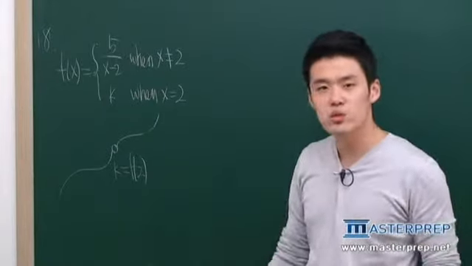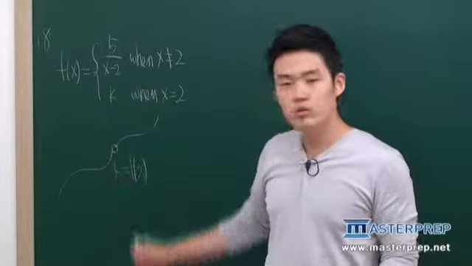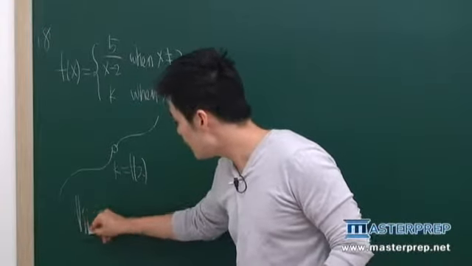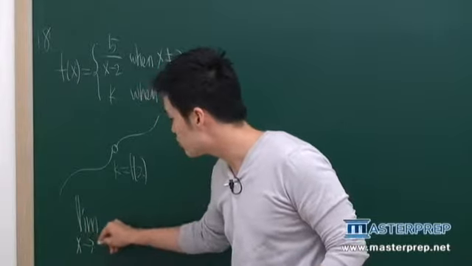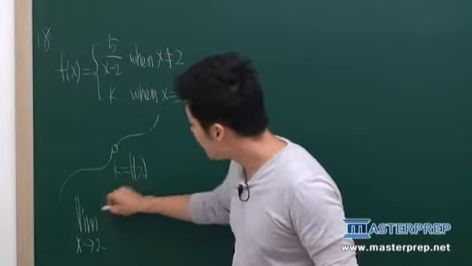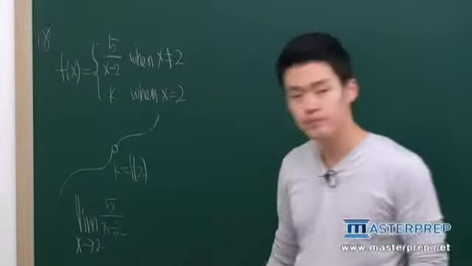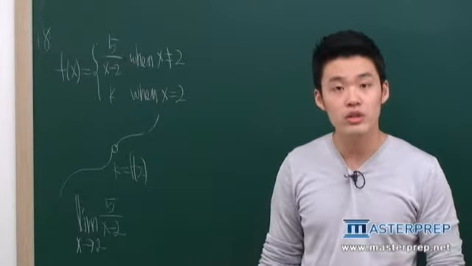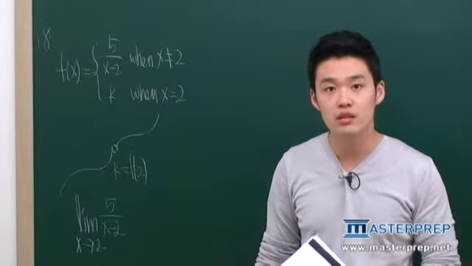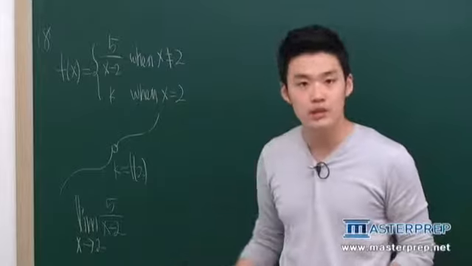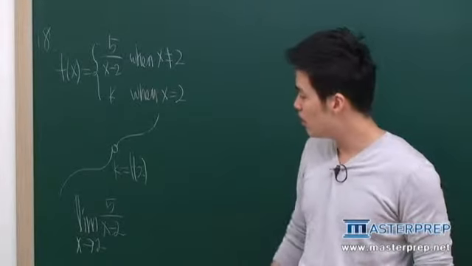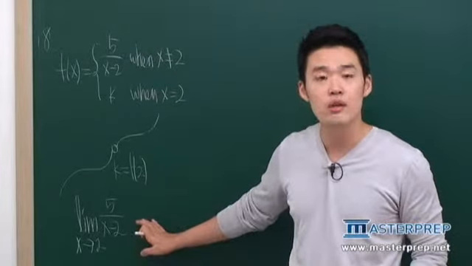But in this case, what happens? When you're taking the limit as x goes to 2 of 5 over x minus 2, it's undefined for some other reason. What is that particular reason? Well, we've been talking about it last time also. The reason is that it is a vertical asymptote.